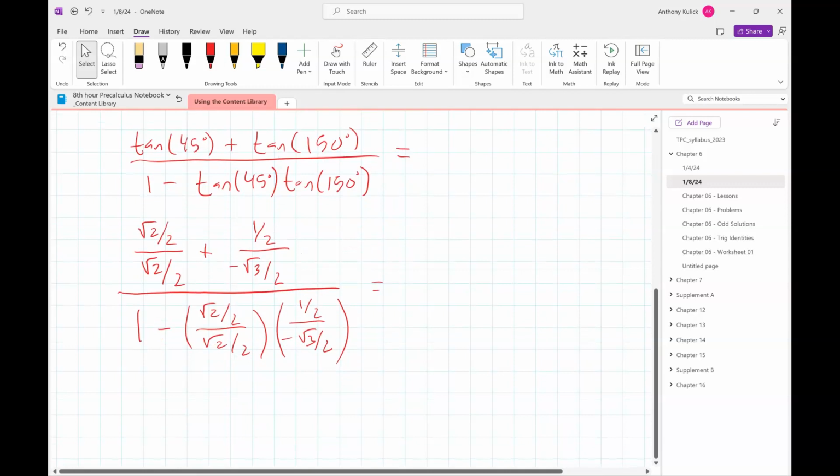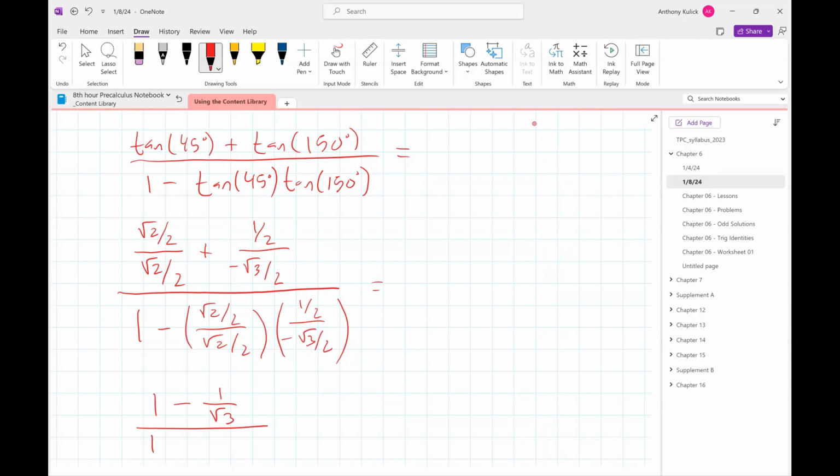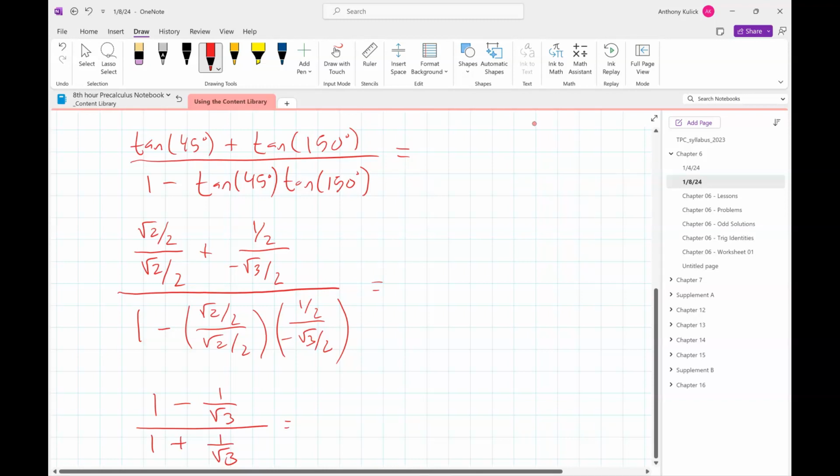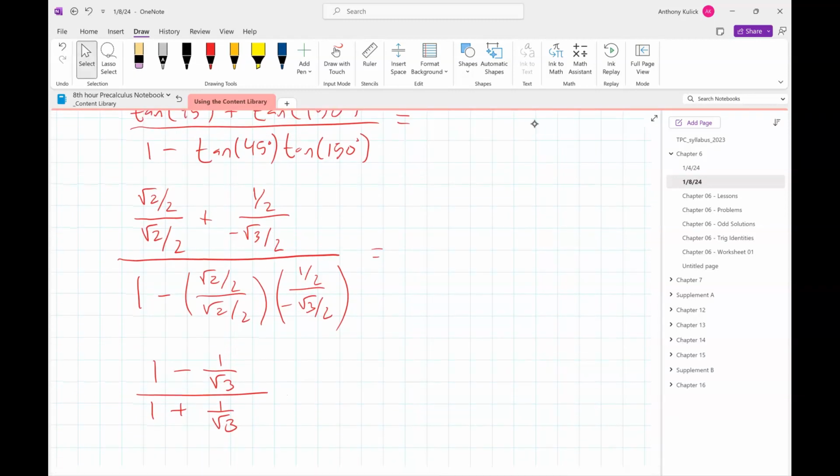I'm going to go ahead and reduce my fractions now. So root 2 over 2 just becomes 1. And 1/2 over root 3 over 2 just becomes 1 over root 3.